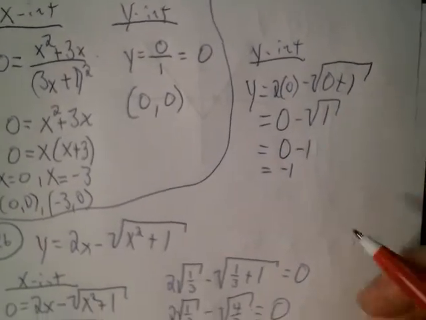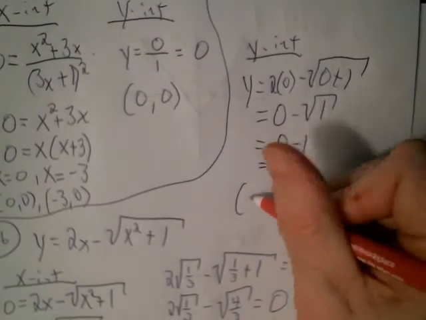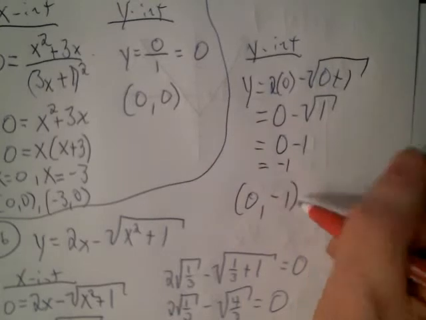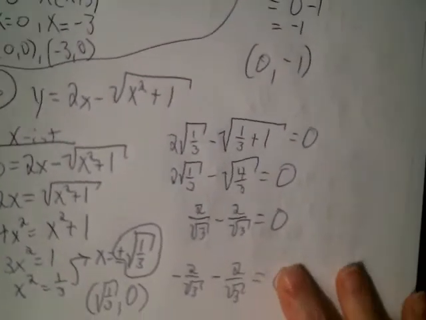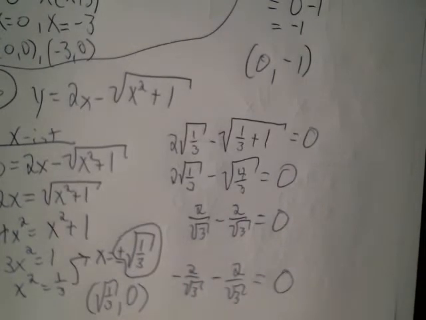Okay, so our y-intercept will be (0, -1). And then that's it. So we got the one x-intercept, the one y-intercept. Okay, so great, good stuff.